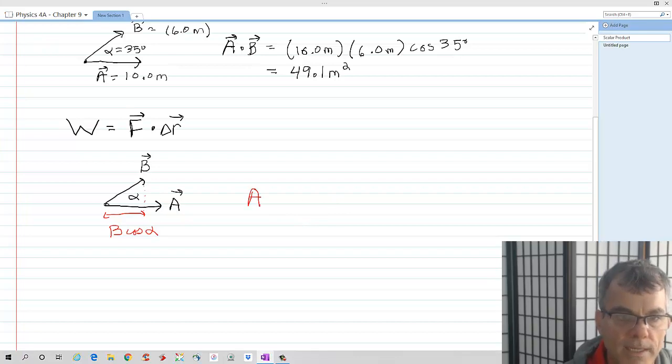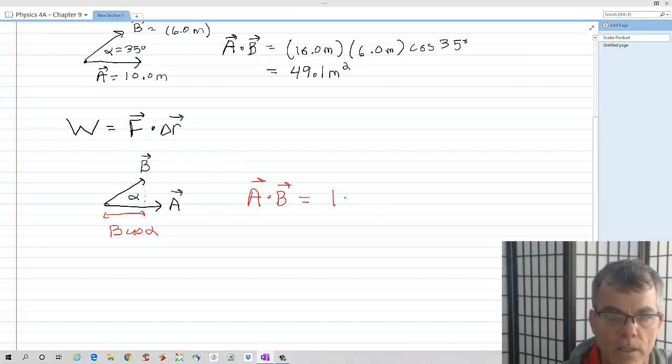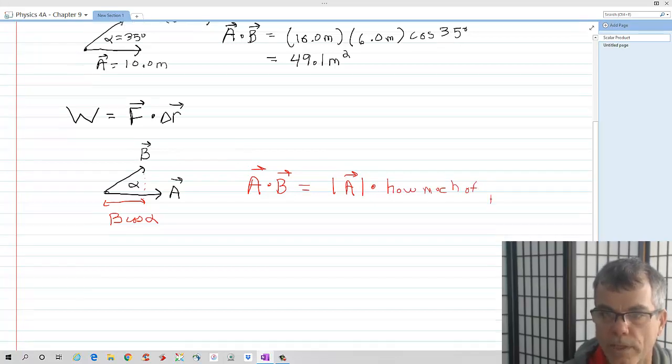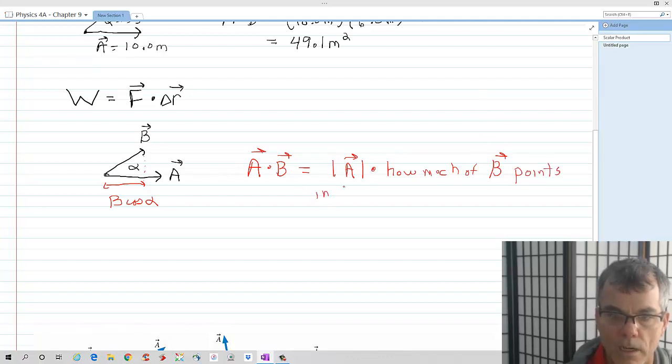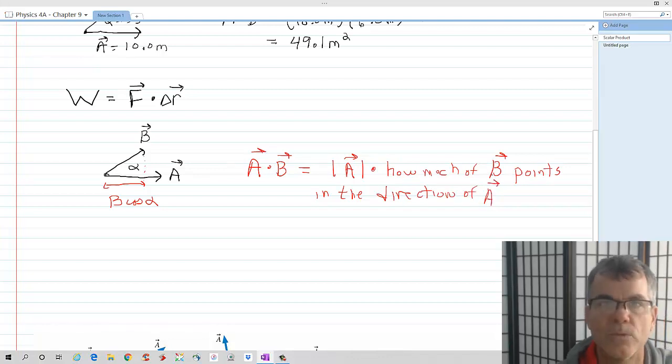So what is A dot B conceptually? Conceptually, A dot B is the magnitude of vector A times how much of vector B points in the direction of vector A. So that's what it is conceptually.